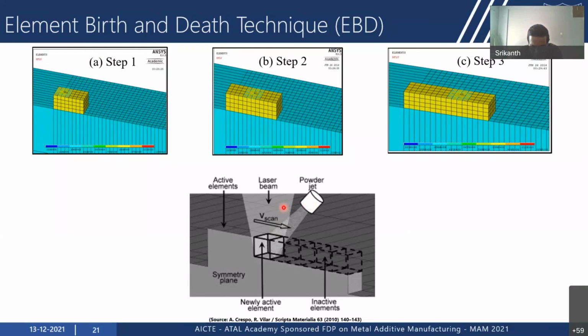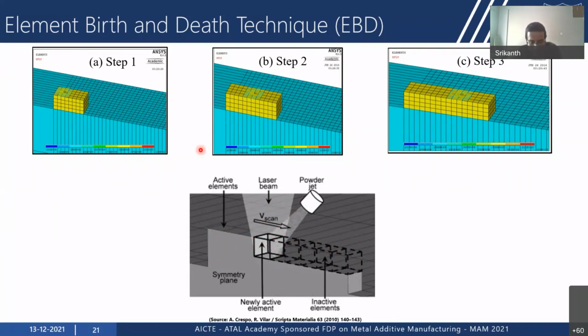Okay, so this is the element that's being activated. Now the heat source moved from here to here, and it has also moved from the previous layers. These layers have been deposited. So all these are active elements. These are also active elements. This element is currently being activated. These are all inactive elements. So active and activated elements are the only ones that will contribute to the global matrices in the finite element system of equations. Inactive elements do not contribute.